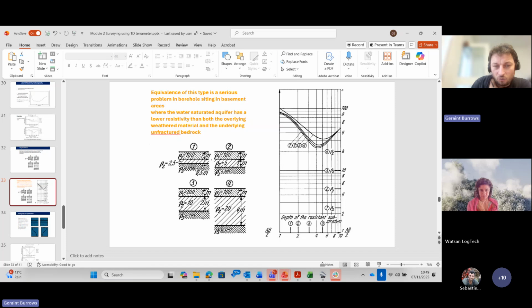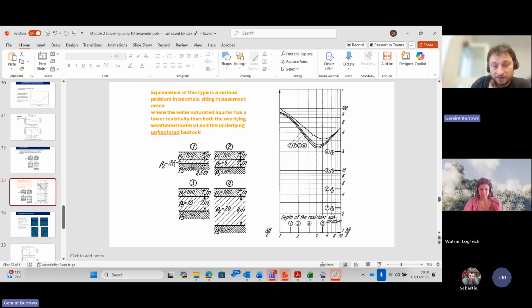What this is trying to show is that when you're taking the sounding and trying to get these curves, the curve shapes can be quite similar despite the differences in the actual hydrogeology that you might encounter.